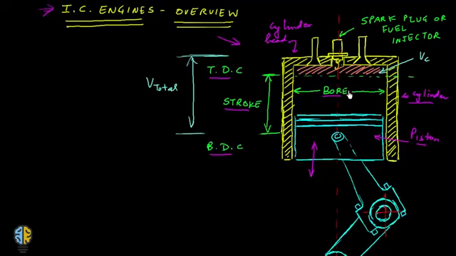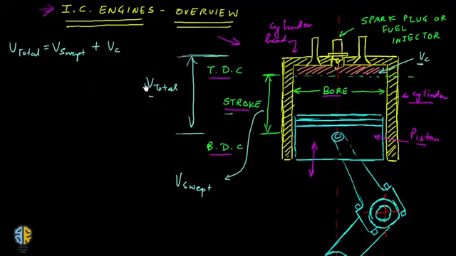So the clearance volume is a part of the total volume, and the volume traveled during the stroke of the piston is called the swept volume. So you can say that total volume is equal to swept volume plus the clearance volume.